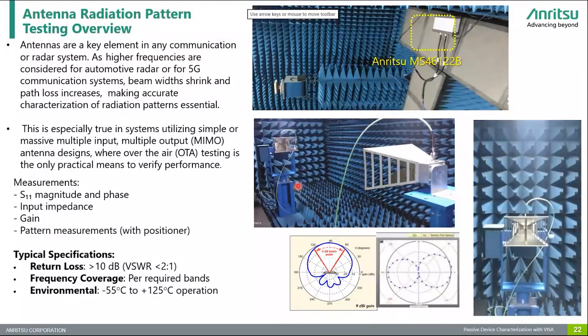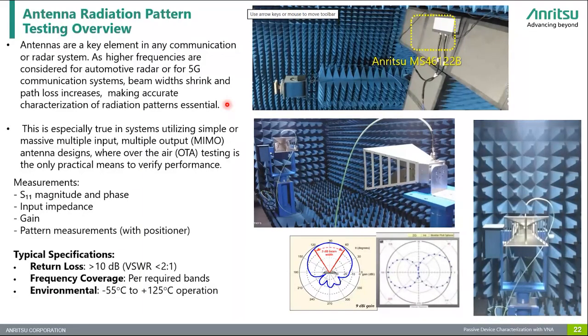As we move to higher frequencies, such as those used in automotive radar and 5G systems, the beam width becomes narrower and path loss increases. This makes it critical to accurately characterize antenna radiation pattern to ensure optimal performance and coverage.